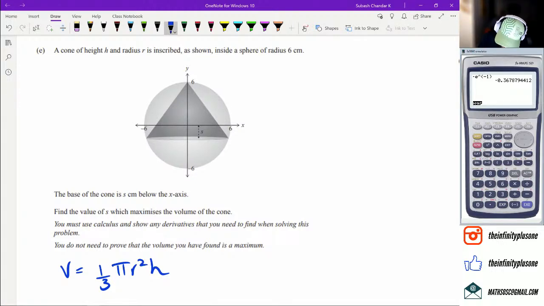The next thing is this. Whatever the height is, the distance from here to here is 6, and the distance from there to there is s. And because of that, the height of the cone is going to be 6 plus s.